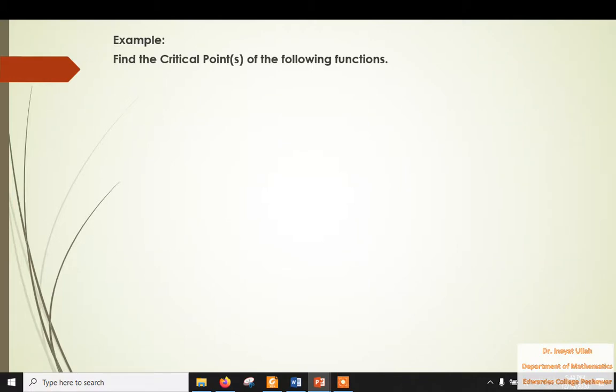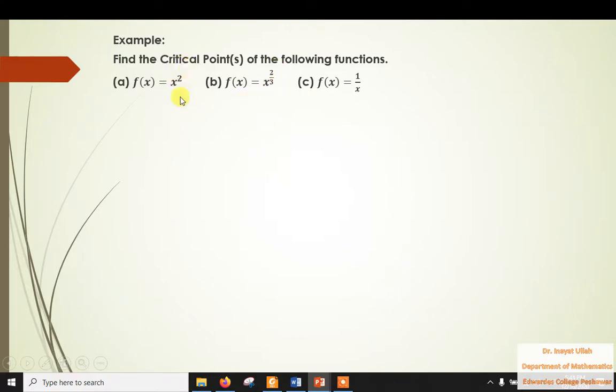Let us take an example in order to understand the idea of critical point. Here is an example that find the critical point or points of the following functions. There are three functions: f of x equal to x square and f of x equal to x power 2 by 3.